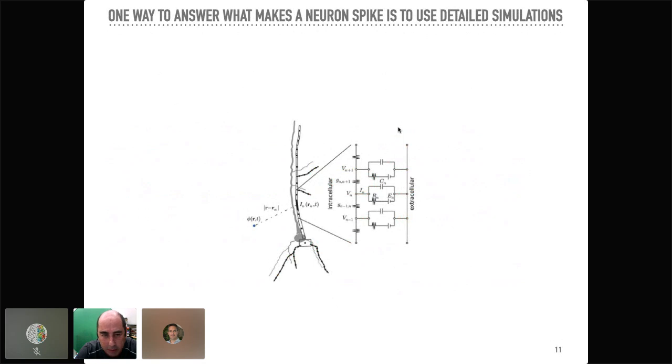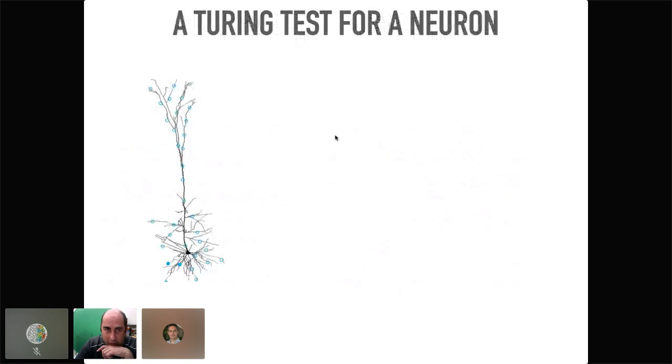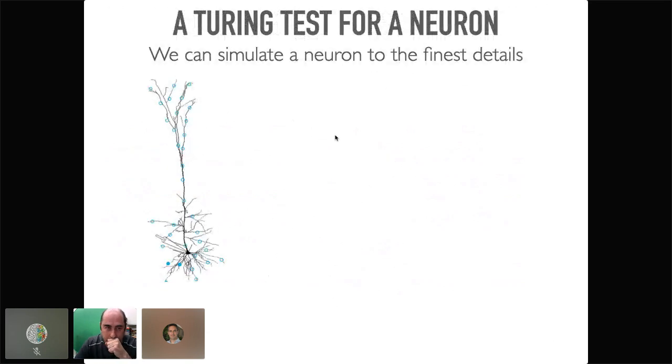For example, compartmental models. We can take the neuron, reconstruct it, have a model of the neuron, incorporate many ion channels and currents in the dendrite, and then we can also add a synapse that receives some spike train, and then we can predict what would be the output to this activity of the synaptic input.